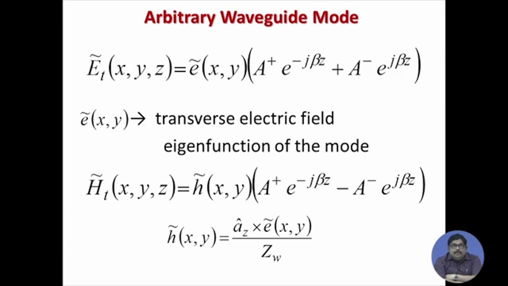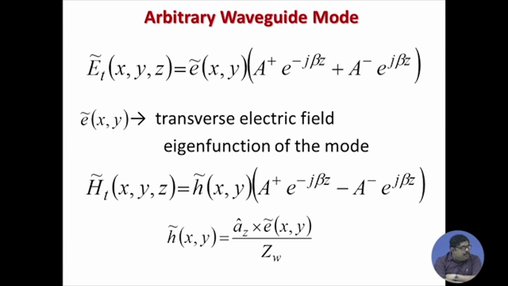We are writing j beta, that means we are assuming it is lossless. If it is not lossless, it should be gamma z and minus gamma z, the propagation constant. Similarly, the transverse magnetic field also can be written like this. This is the breaking of any waveguide electric field into various waveguide modes.